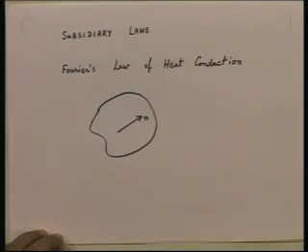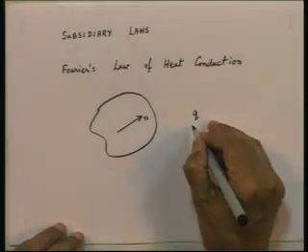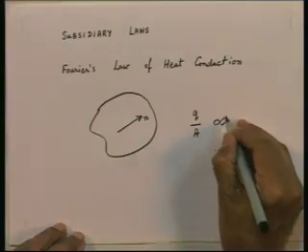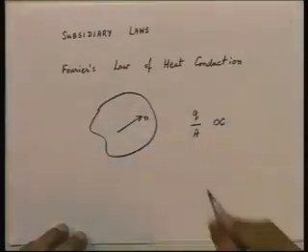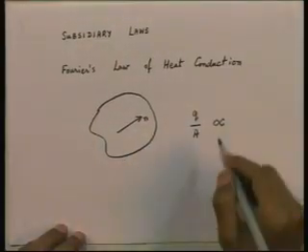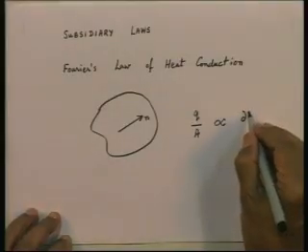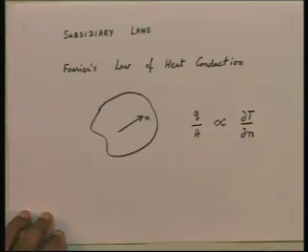Fourier's law of heat conduction states that the heat flux by conduction in any arbitrary direction n inside the material is proportional to the gradient of temperature in that direction. That is Fourier's law of heat conduction.